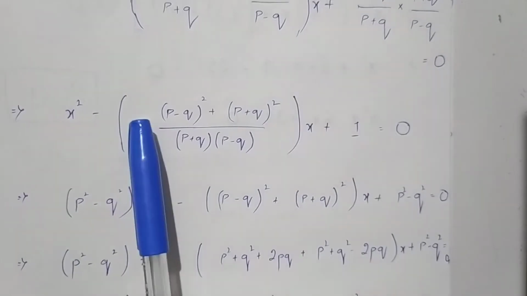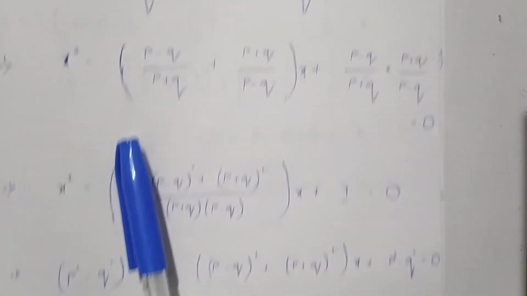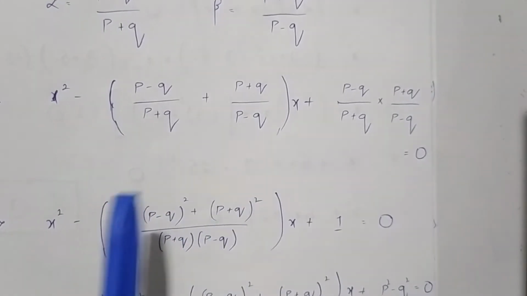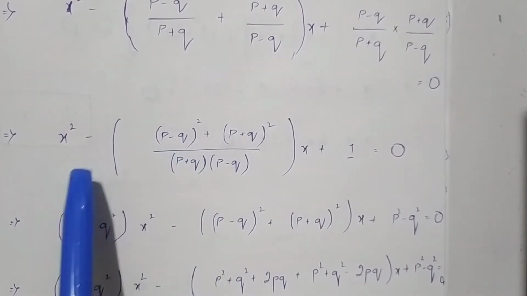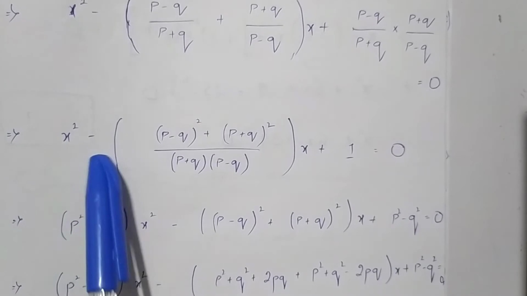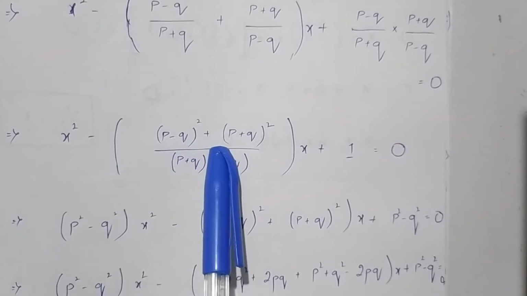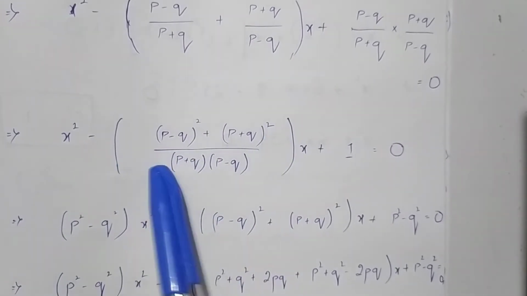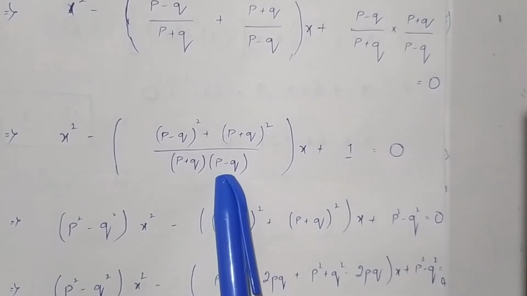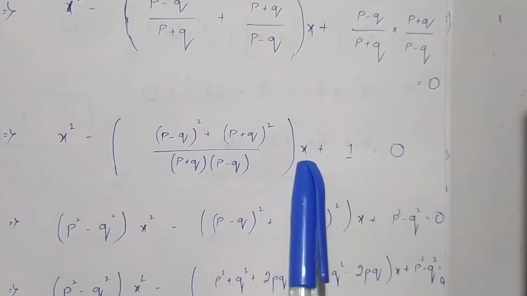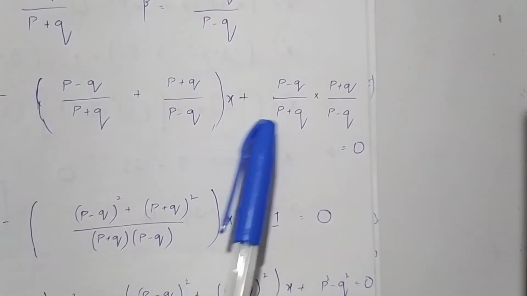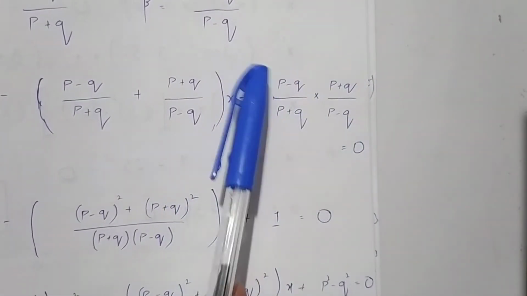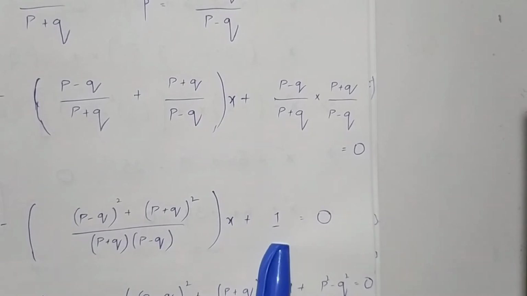Now we will take the LCM here. On taking the LCM, we will get x square minus [(p minus q) whole square plus (p plus q) whole square] divided by (p plus q) into (p minus q) into x plus 1 is equal to 0. On cancelling this and this, we will get the value as plus 1.